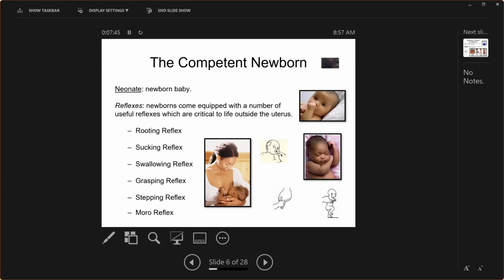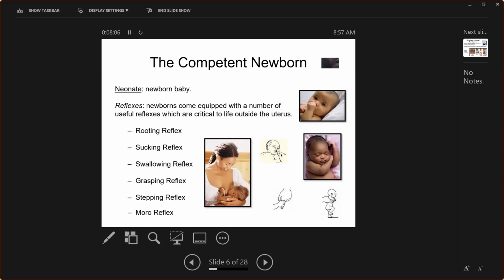The other ones are a little bit less obvious in some ways. Like babies have a grasping reflex. They hold on to things very tightly. If you put your finger in a baby's hand, they will squeeze it, and they have quite a grip, right? Surprisingly for their size, they have a very strong grip. They also will often do little precursors to walking.